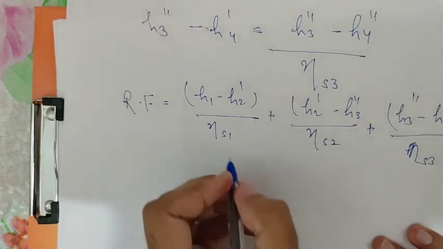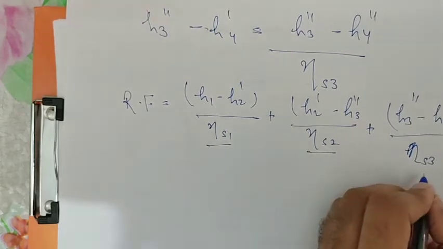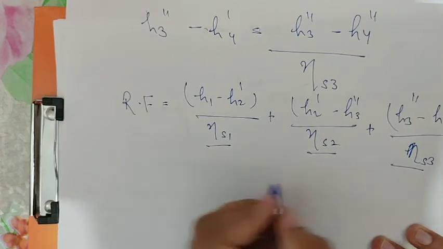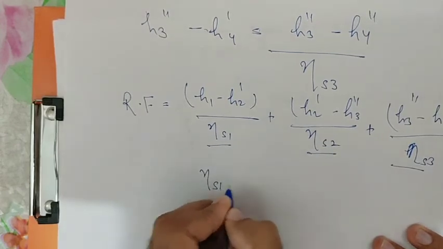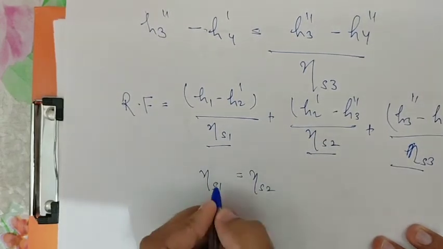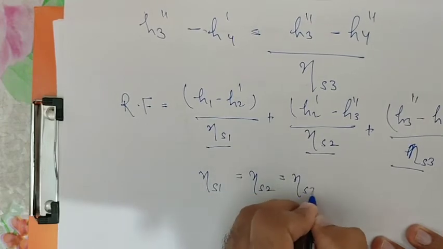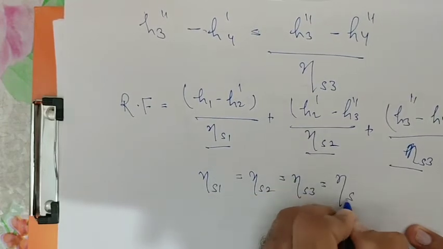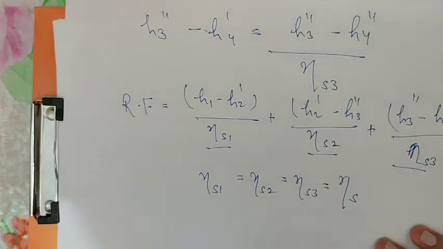Now we take efficiency of each stage equal. This is the assumption. Efficiency of stage 1 is equals to efficiency of stage 2 is equals to efficiency of stage 3 is equals to total efficiency of stage.